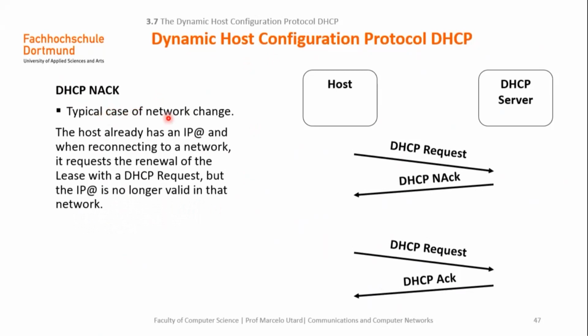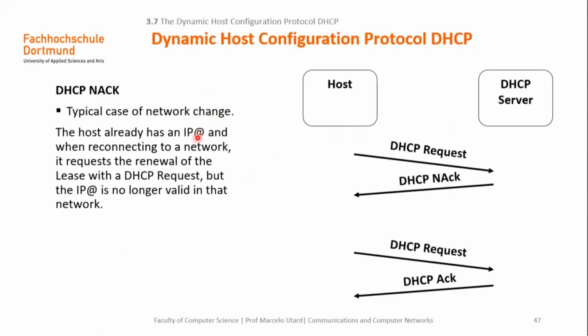For instance, if a host is mobile, such as a host attached across a Wi-Fi zone, or is plugged into another port in another subnetwork. That is a typical case of network change.